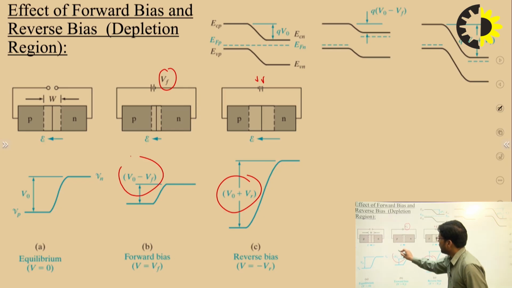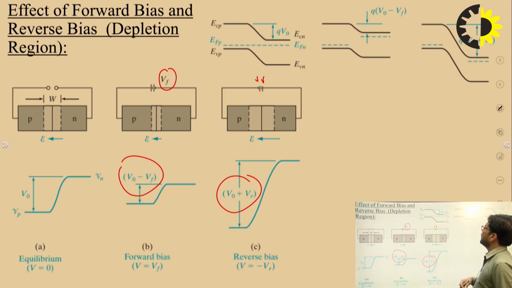So this is the reduction in the barrier height by using the forward bias condition and reverse bias condition, and these are the energy band diagrams for different cases. Without biasing, the contact potential looks like this, reduced to V0 minus VF and increased to V0 plus VR. So these are the energy band diagrams for the two biasing conditions, that is forward bias and reverse bias.